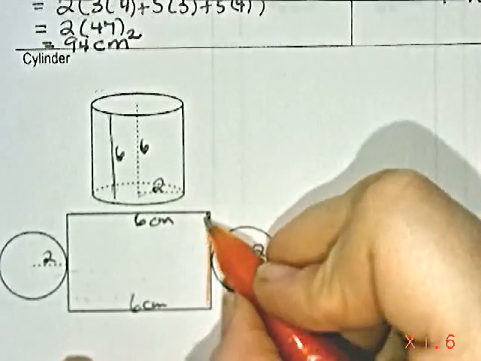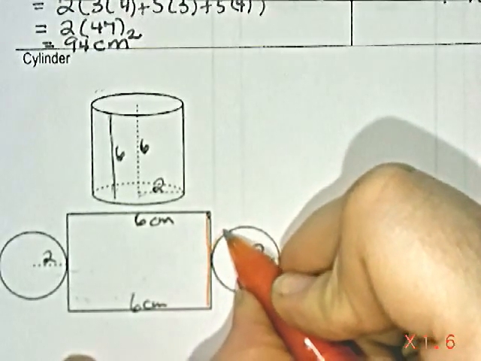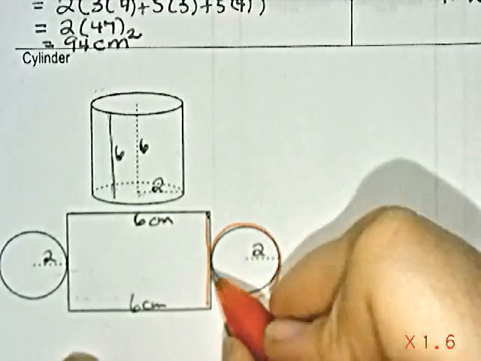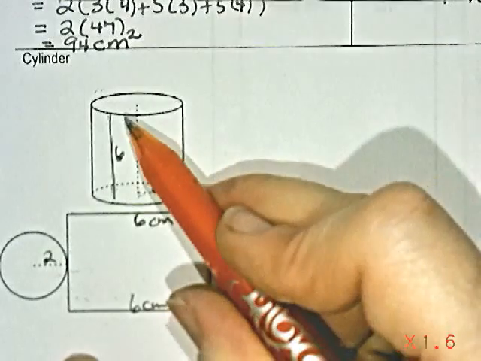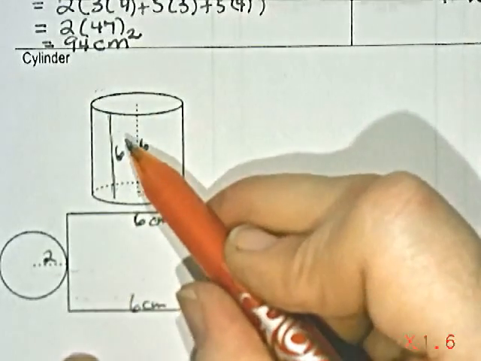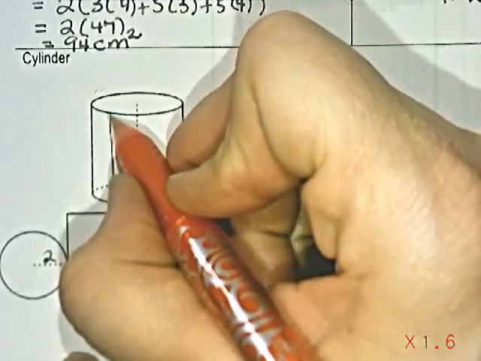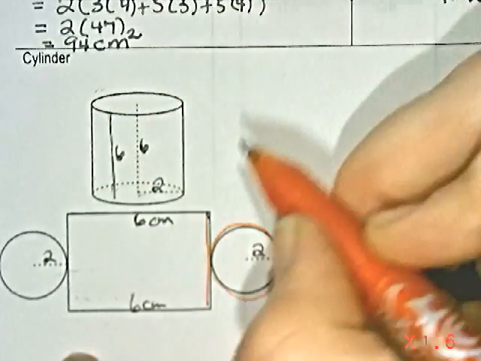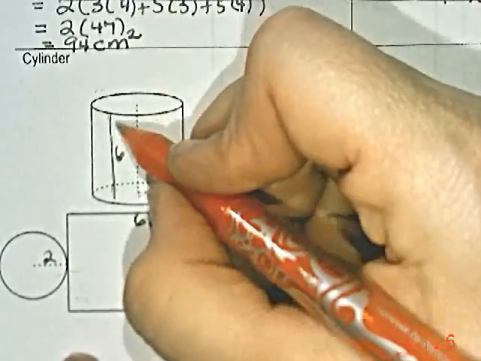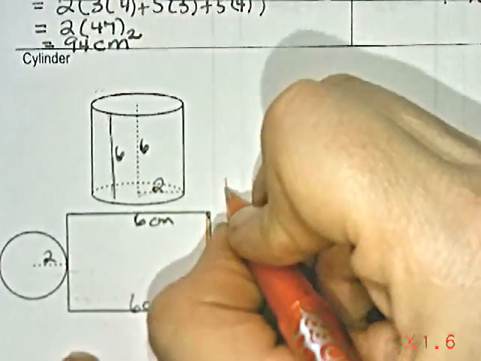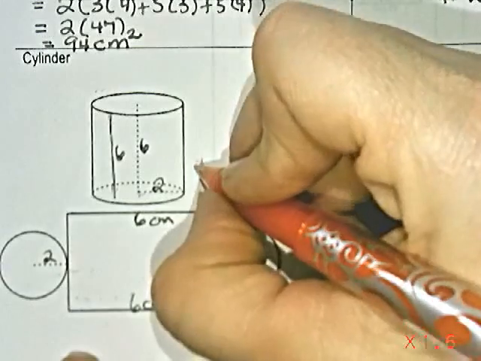But remember, this dimension here must have wrapped all the way around that circle if that rectangle was to wrap all the way around, just like a label wraps all the way around the can. And so the length of the edge of my rectangle is going to be the very same as the circumference of my circle. And so let's just write ourselves a little note.